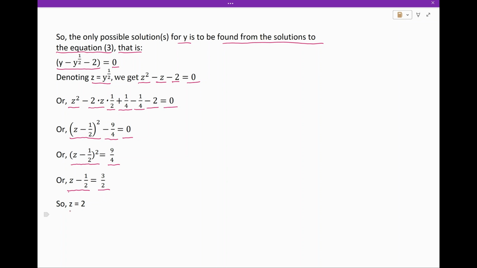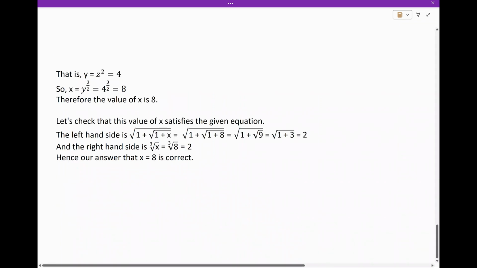Therefore, z is equal to 3 by 2 plus half, that is equal to 2. Remember that we had taken z is equal to y to the power of half. Therefore, y is equal to z squared, and since z is equal to 2, we get y is equal to 4.